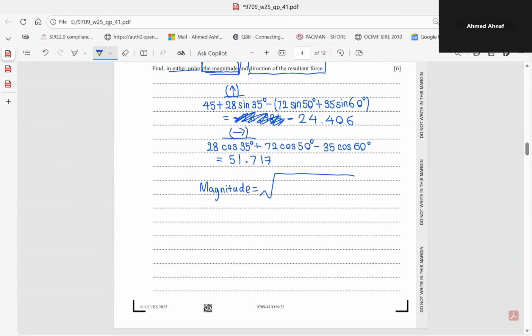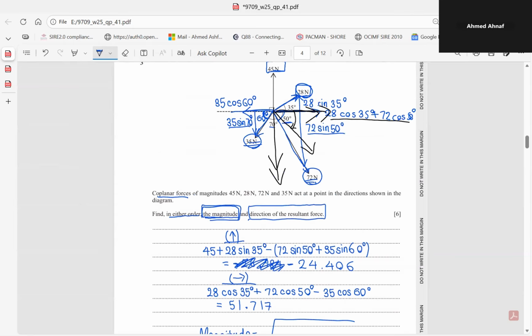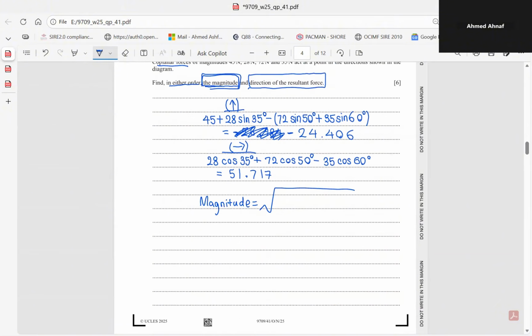So for the magnitude, use your Pythagoras theorem. You can see it's a right angle triangle. If you just move the components slightly to the left, you'll see it's a right angle triangle. So use your Pythagoras.